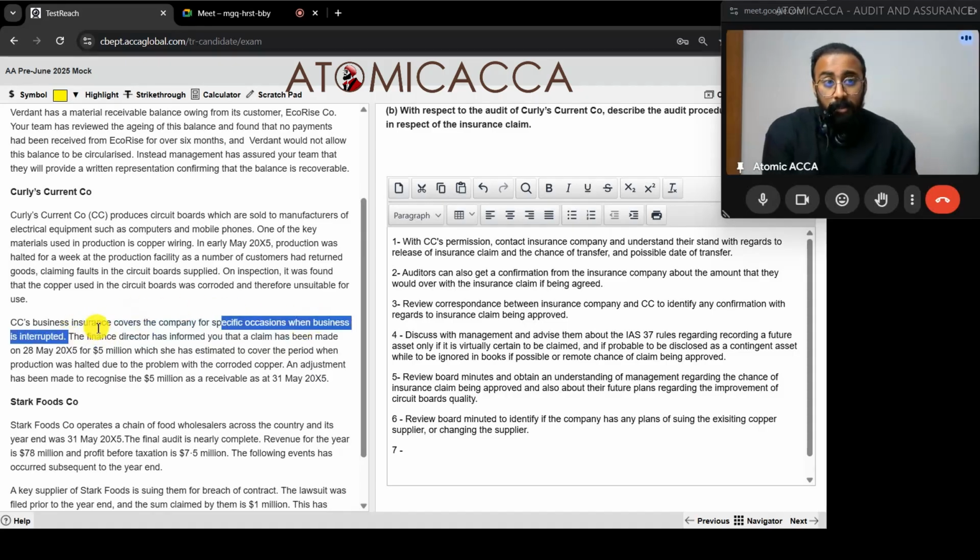Now the insurance company will have certain policies, like for so and so reasons only we will be covering it. So I can obtain the policies made by the insurance company and get the contract CC company has with the insurance company, review these policies and confirm whether this kind of production halt is covered or not, so I can understand the policies.